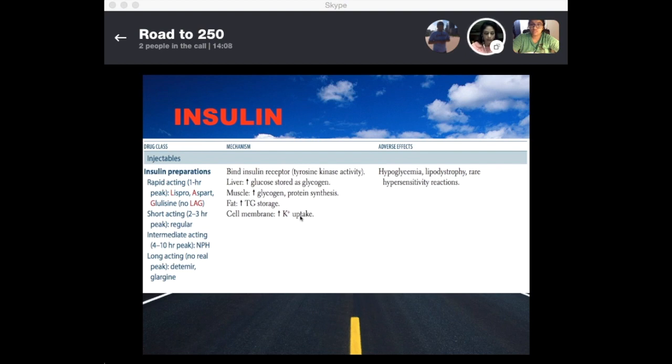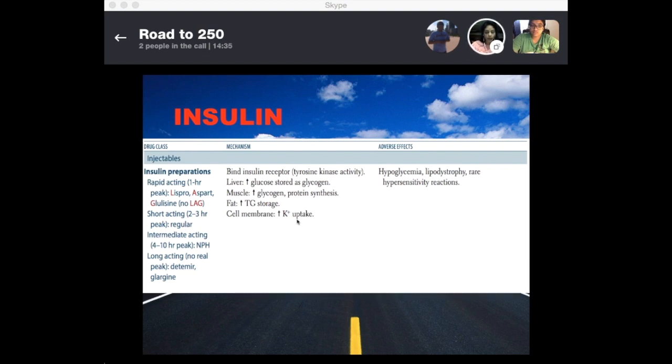So the mechanism of action overall, insulin injectables are just going to imitate the physiologic response to glucose fluctuation in our body. The long acting is usually given once a day, combined with a rapidly acting injection with meals.